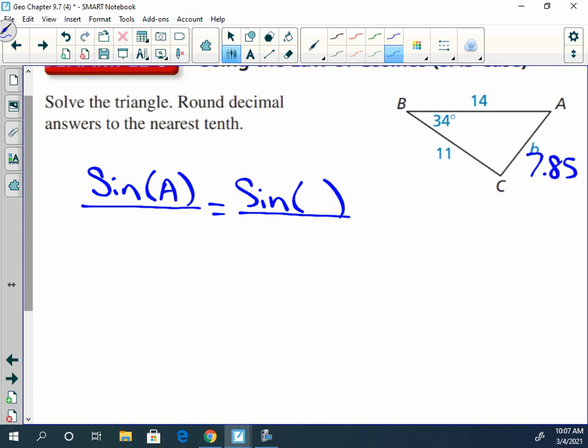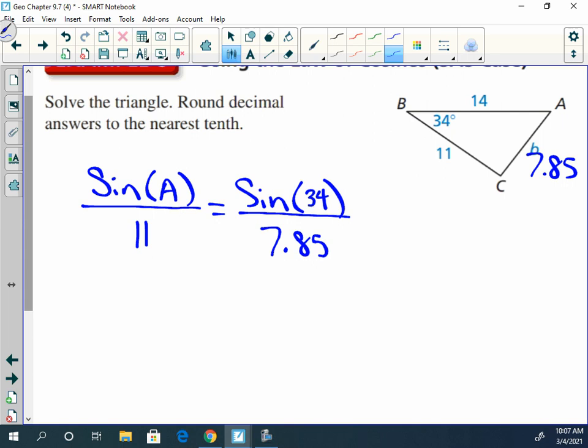We can say A, and we will need sine of 34. Now there's nothing wrong with doing sine of 34 first, but I like putting the variable first. So sine of A over 11, because 11 is opposite angle A. Then we'd have sine of 34 over 7.85.